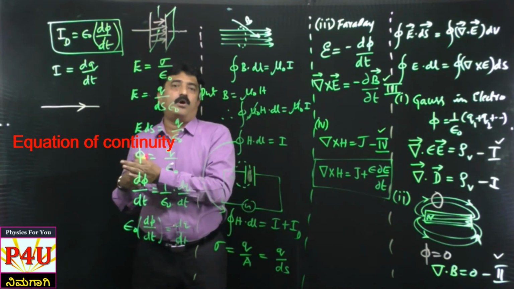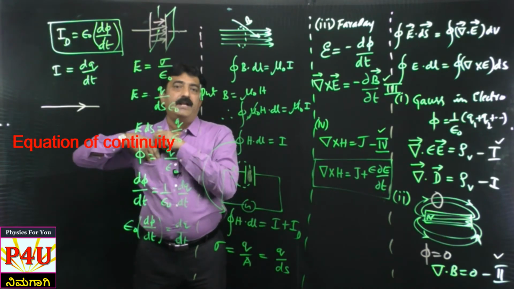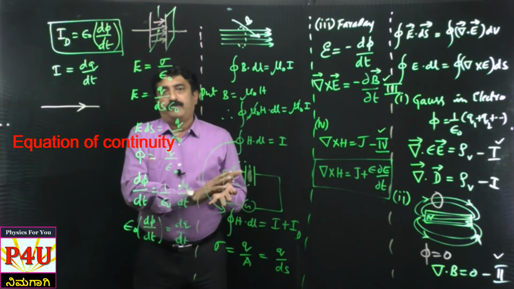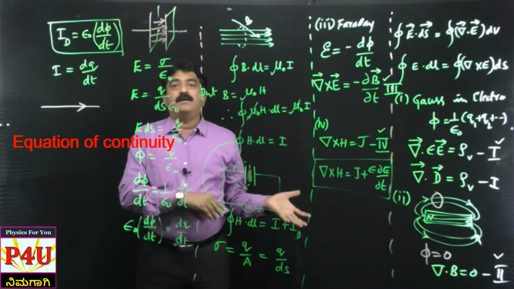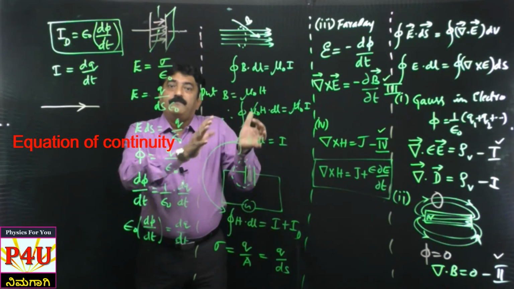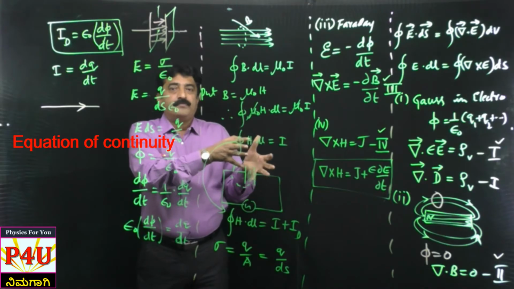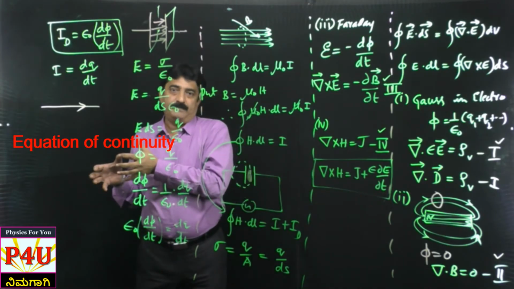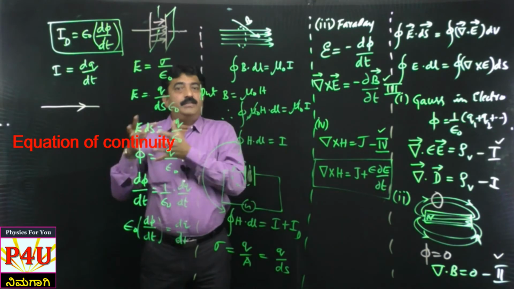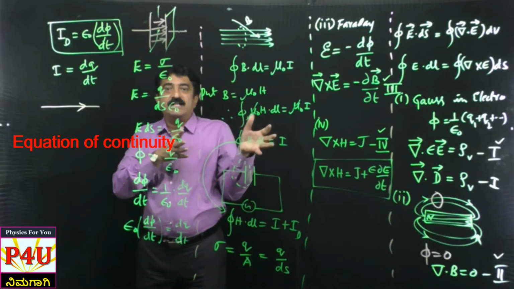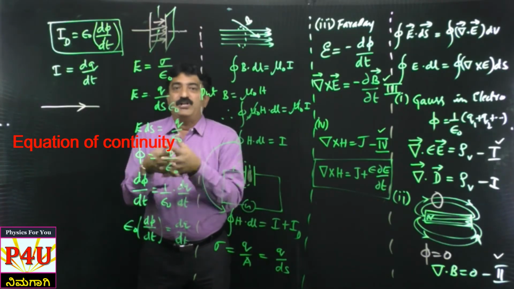So one physical quantity depends on another quantity. If that is changing, this also should change. If that is not changing, this should not change. Then we can say between them there is a continuity.